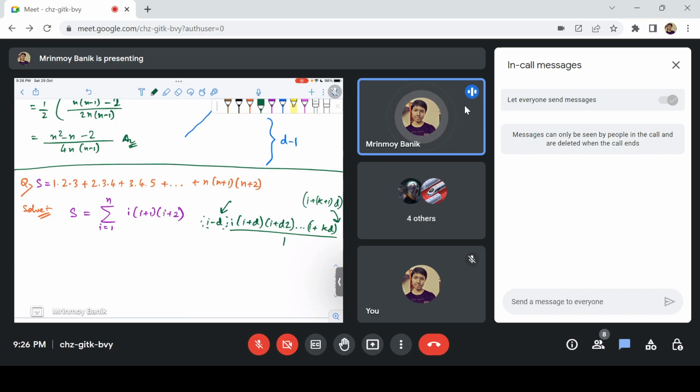Right, so you have to multiply and divide by that. So let's see how this works with this example of ours. So we divide and multiply it with I plus 3 minus I minus 1.